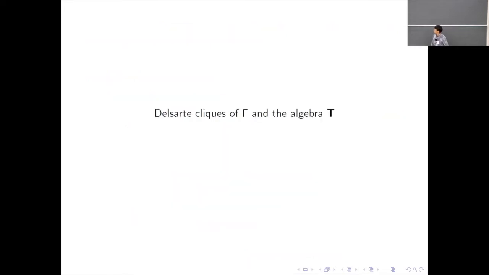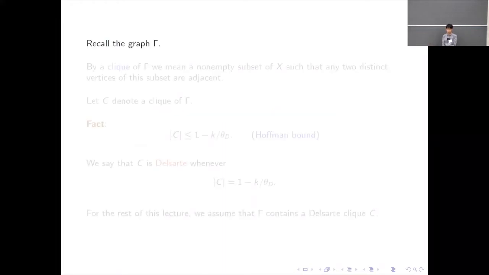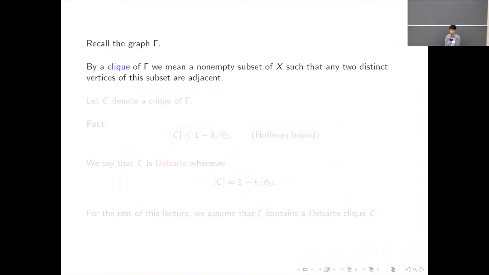All right. Now we discuss the concept of Delsarte cliques of gamma and the algebra T. Take the q-Racah type graph gamma, and by a clique, this is just a subgraph which is complete, so any two distinct vertices of this set are adjacent. Let C denote a clique of graph gamma.